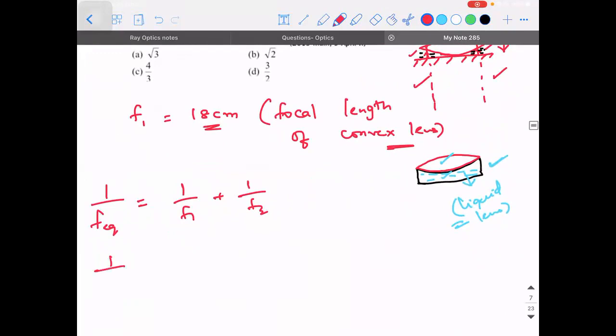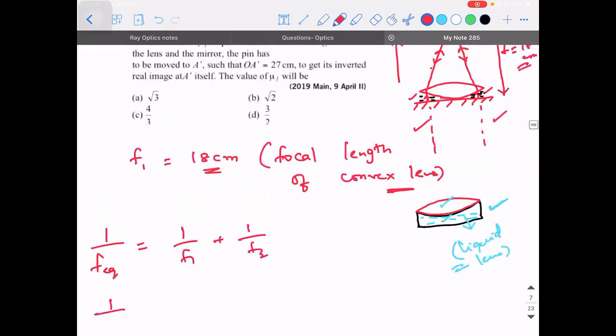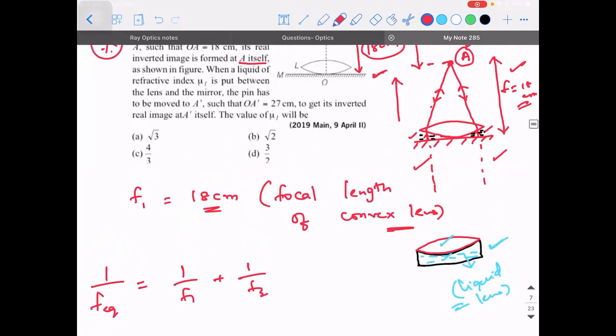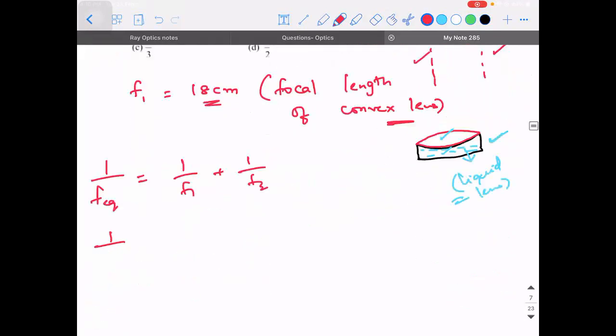Then f1 should be negative. Focal length is taken for this side. In this case, if you take the downward direction as positive, you can take anything actually. 1 by f equivalent is 1 by 27, which is equal to 1 by f1, that is 18, plus 1 divided by f2.